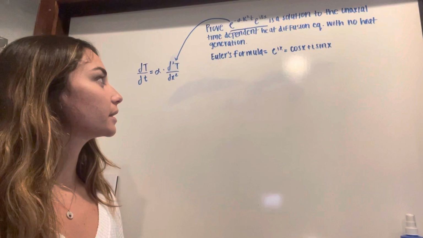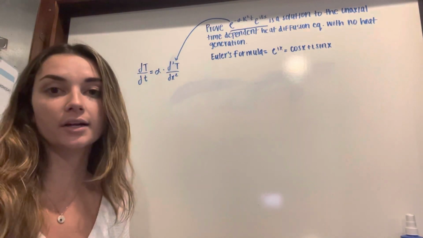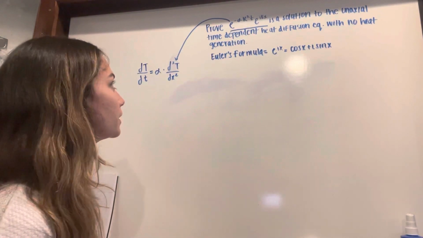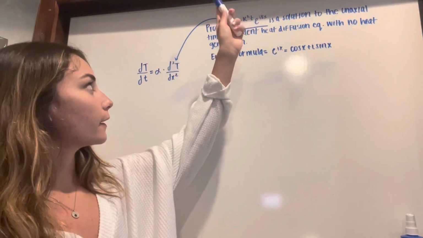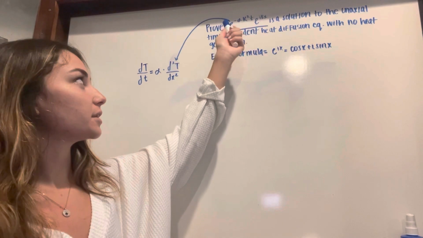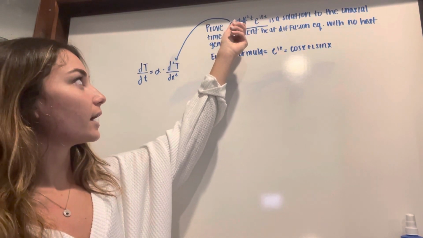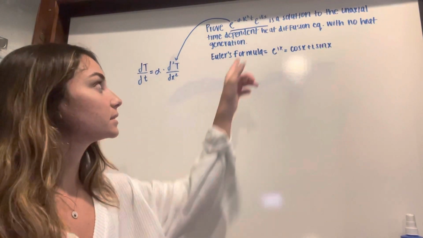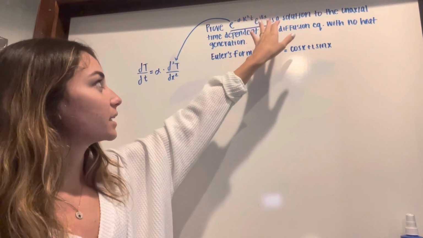Today we are working on part 1 of our exam 3 for Transport 1. Part 1 is proving this expression up here, which is e to the negative alpha k squared times t times e to the i times k times x.